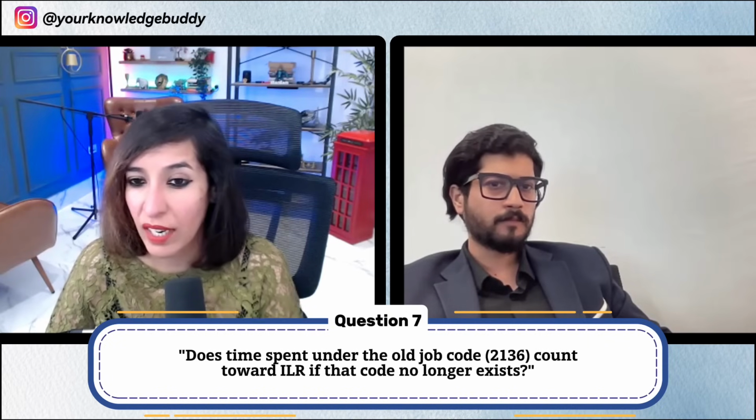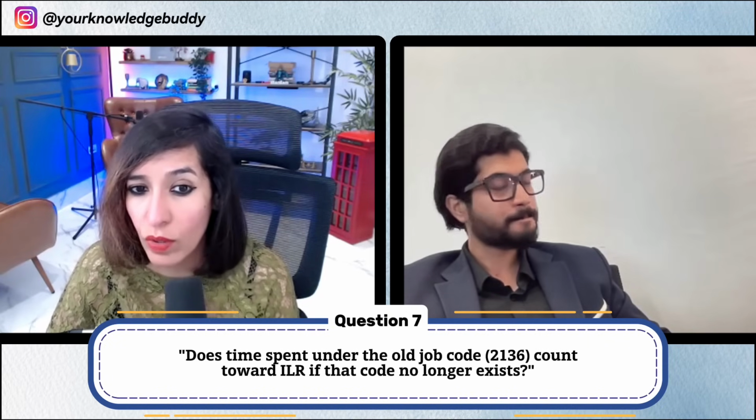So you'll be fine under 2134 with the new transitional arrangements. Okay, so refer to the new one then, basically. New. Exactly. Good.